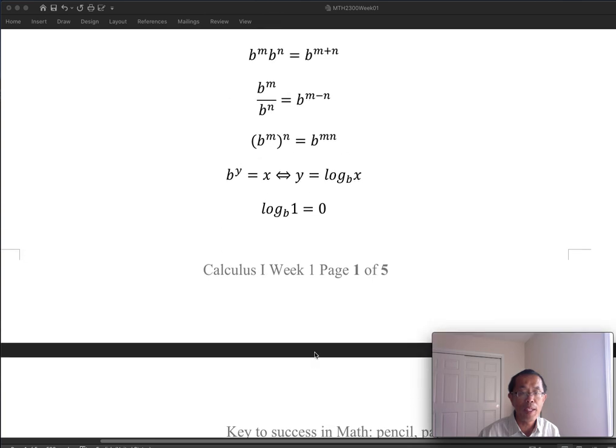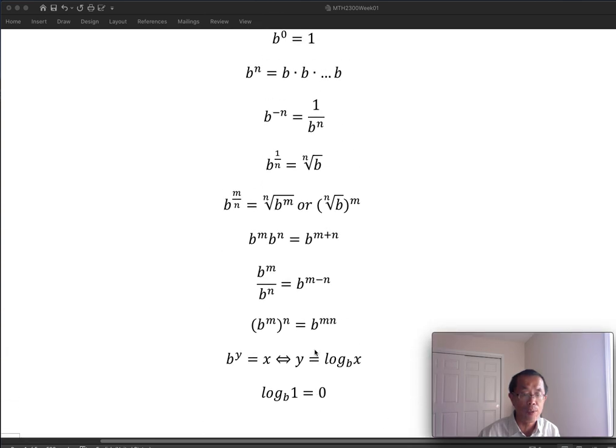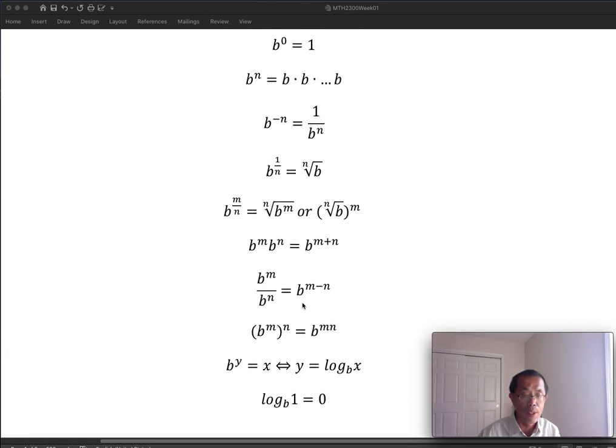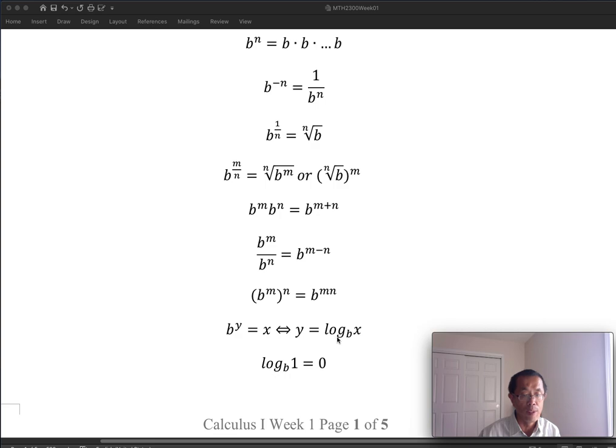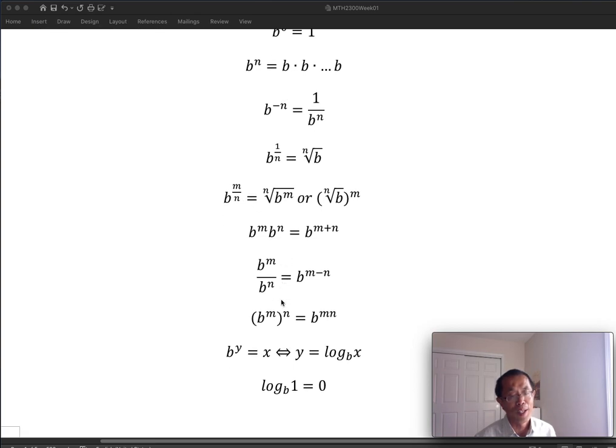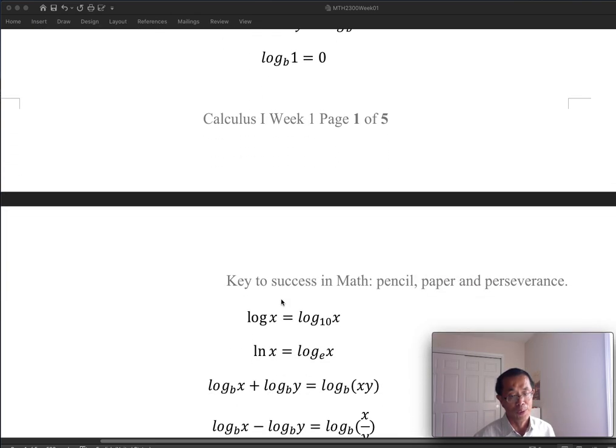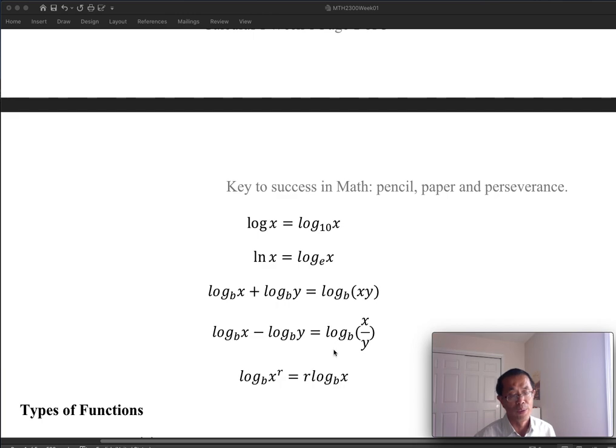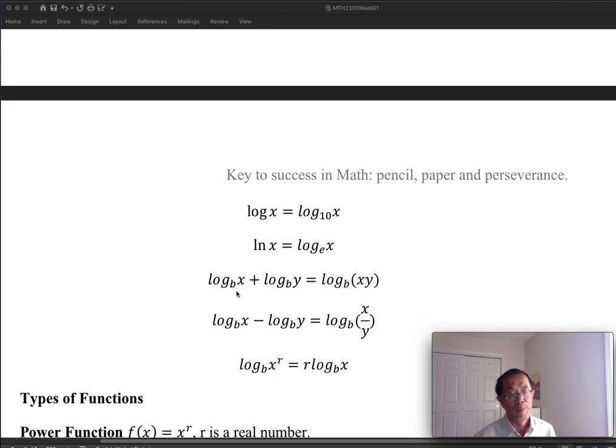Remember, we have some properties of exponentials and logarithms. Logarithms are created from the exponentials, so accordingly, those laws of exponents can be converted into laws of logarithms. Log base b of x plus log base b of y turns out to be log base b of x times y.